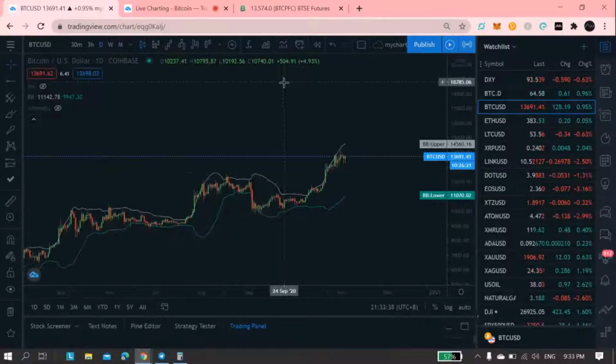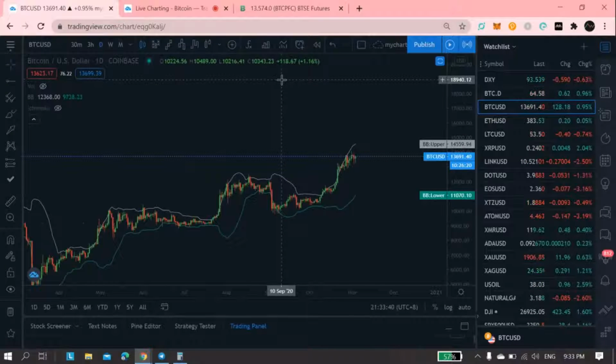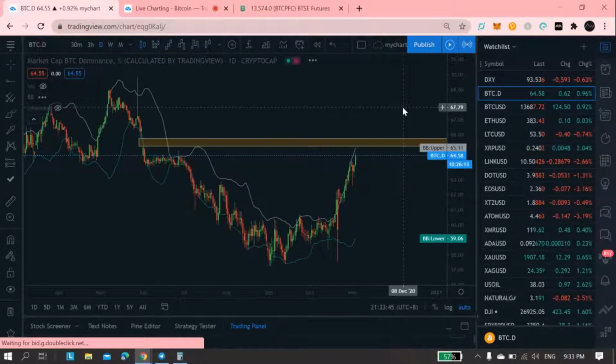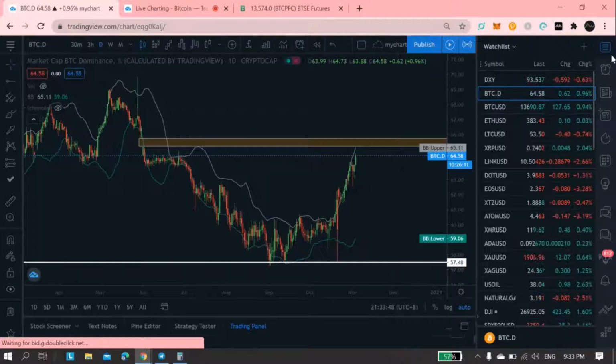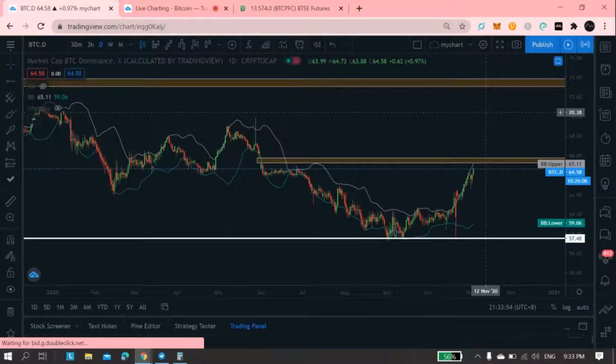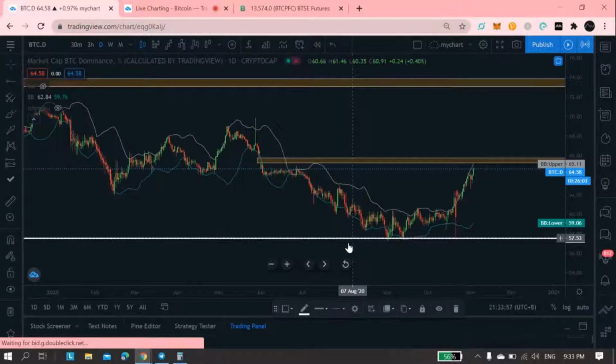Now let's move on. Currently right now I'm more focused on Bitcoin because the BTC dominance is rising. Majority is Bitcoin. I think I already discussed this before.